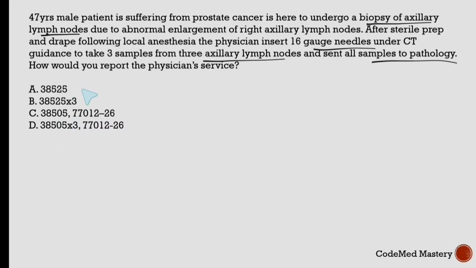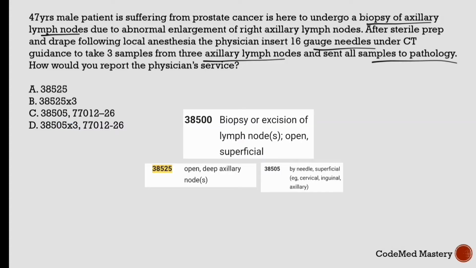So first let us check these two codes, 38525 and 38505. 38525 is for biopsy or excision of lymph node, open deep axillary nodes, and 38505 is for biopsy or excision of lymph nodes by needle superficial. So read the question. What they have exactly performed. So here there is biopsy of axillary lymph node. That is correct. And here they have used 16 gauge needles.